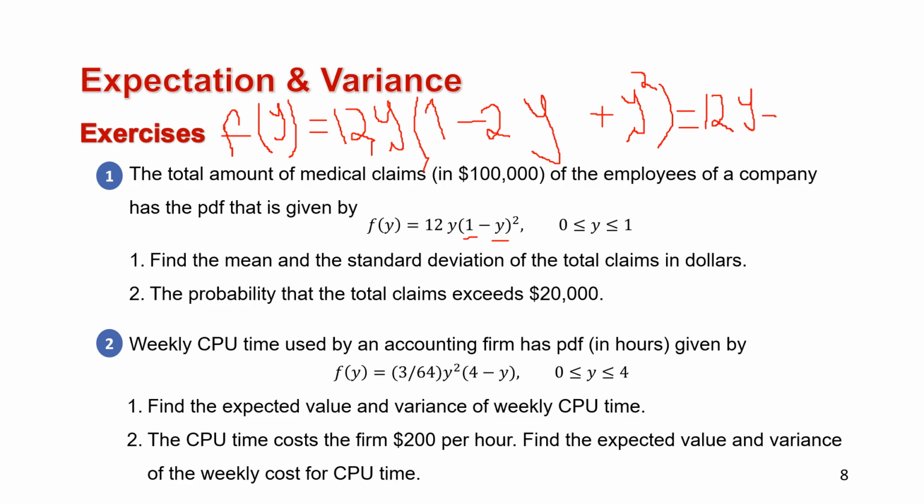This is equivalent to 12y minus 24y square plus 12y cubed.